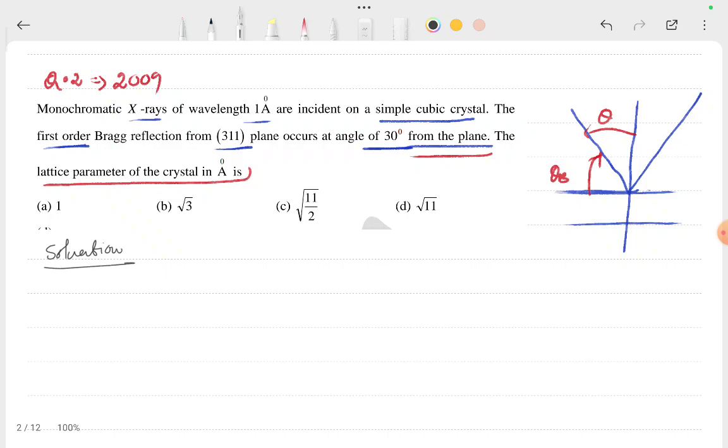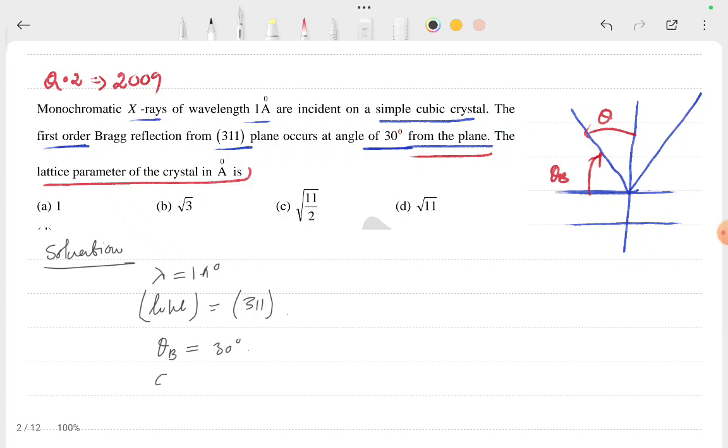So here the given wavelength equals 1 angstrom, the crystal is simple cubic, and the Miller indices are 311. Theta b, Bragg's angle, equals 30 degrees.